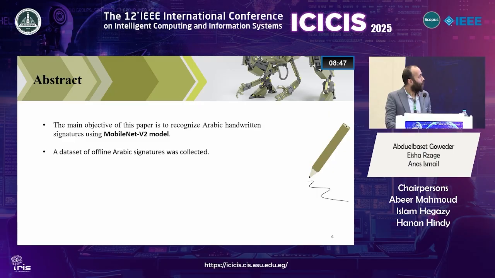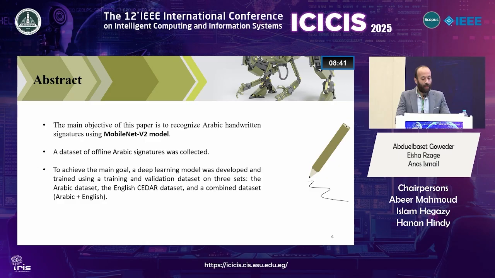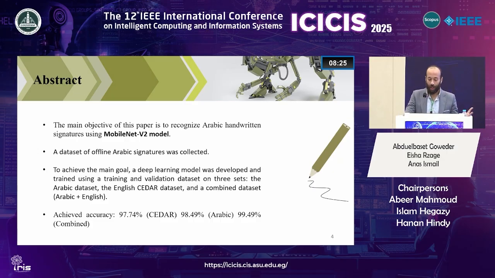And so we collected a data set of offline Arabic signatures. And then we applied the models on this data set as well as a reference data set, which is the CEDAR data set. Okay. And we achieved high accuracy, about 99%, and very high precision, I recall, and I don't remember the numbers. I will show them at the end.